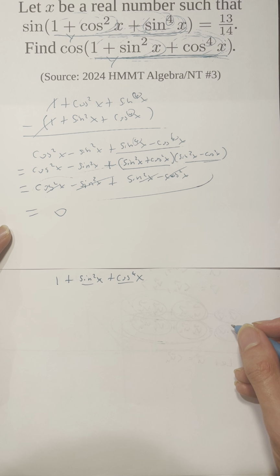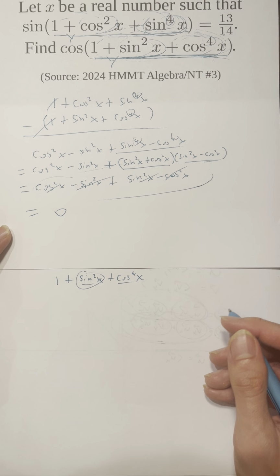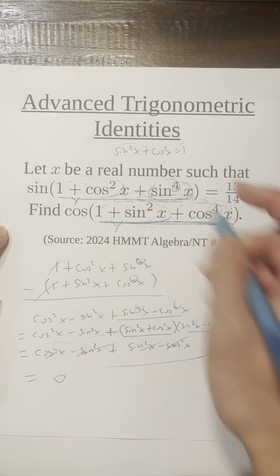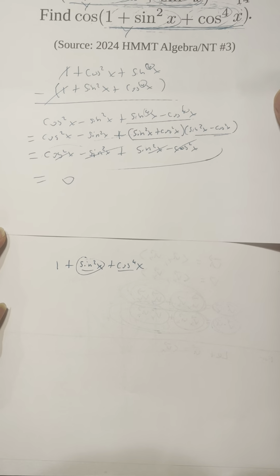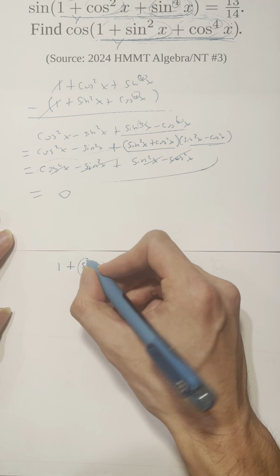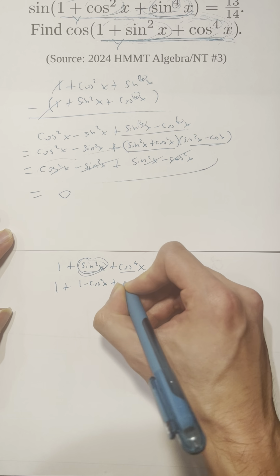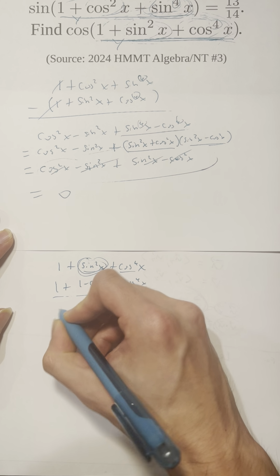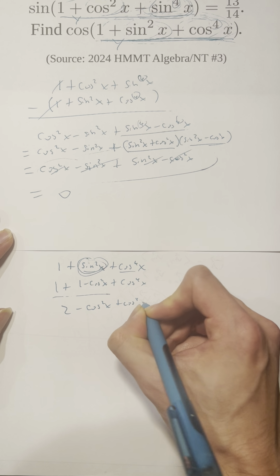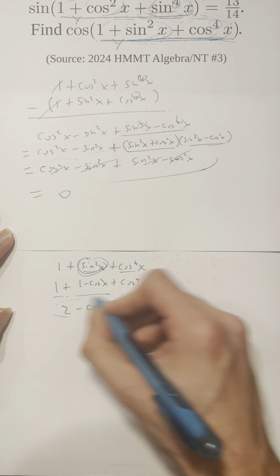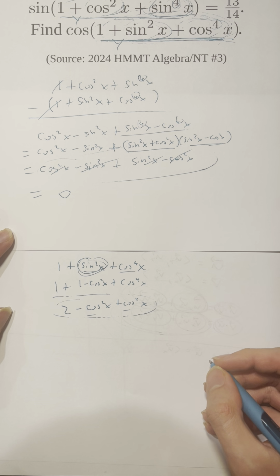Which one's easier to change? This one. And why is it easier to change? Because we can use this identity. So I could replace this with 1 minus cosine squared x. And then this is going to turn into 2 minus cosine squared x plus cosine to the power of 4x. Okay, so we did it. Now we only have one trigonometric function, which is cosine.